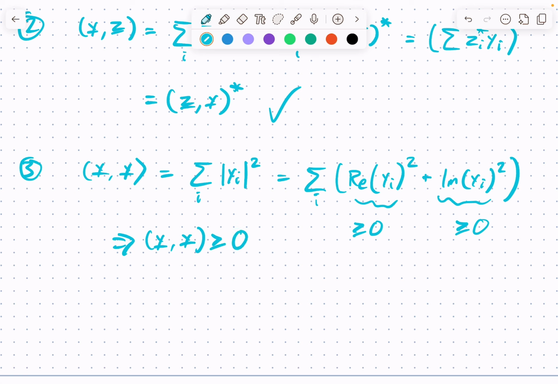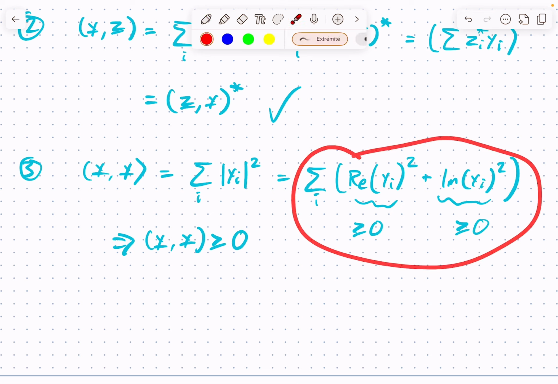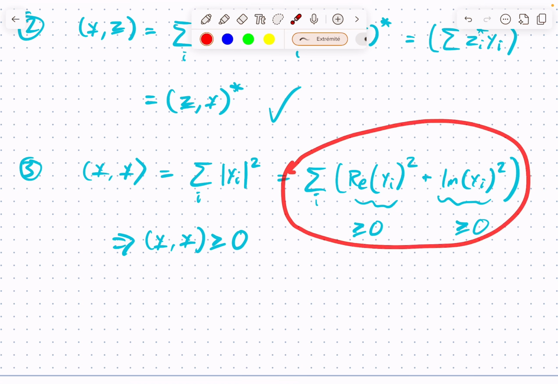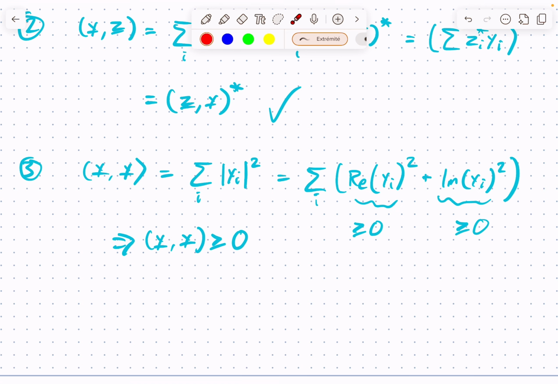And in order for it to be 0, well, look at this. I'll use this highlighter. Look at this sum right here. It's going to have a bunch of terms, and since none of them are allowed to be negative, they all must be 0 in order for this whole thing to be 0. And for each of these terms to be 0, the real part and imaginary part of each element in the vector must also be 0.